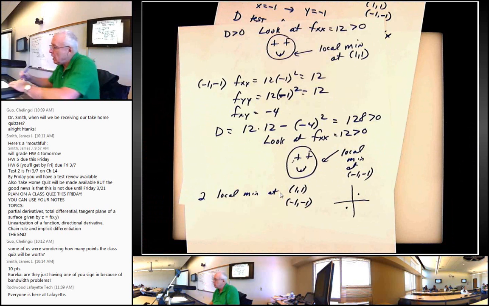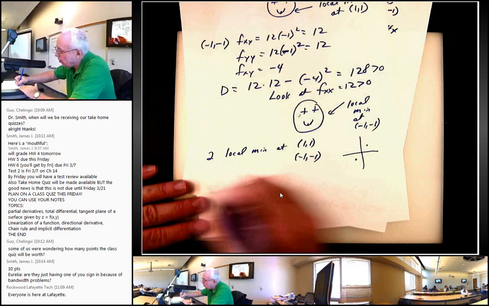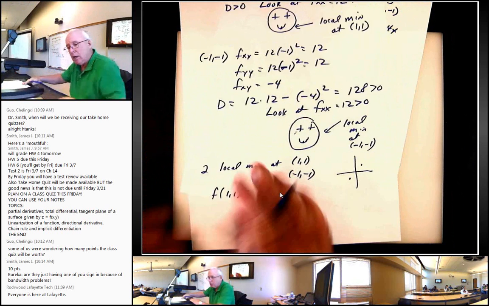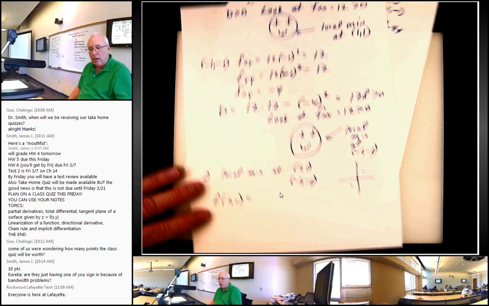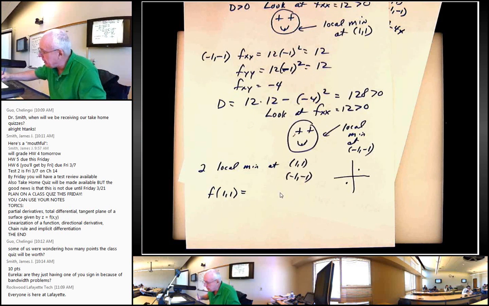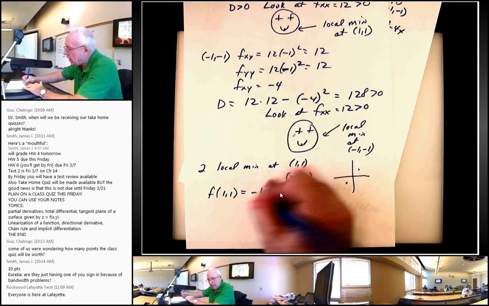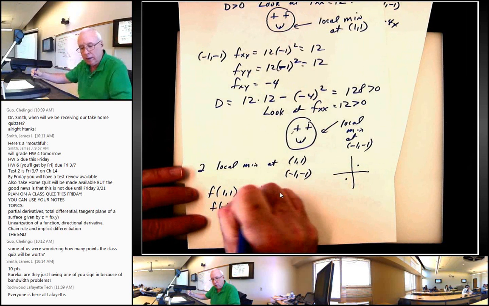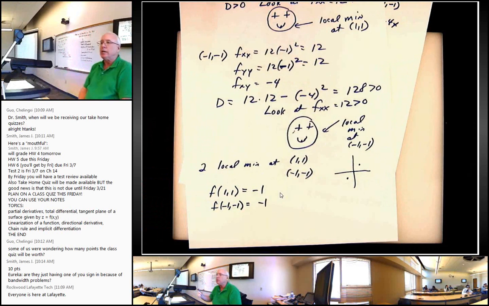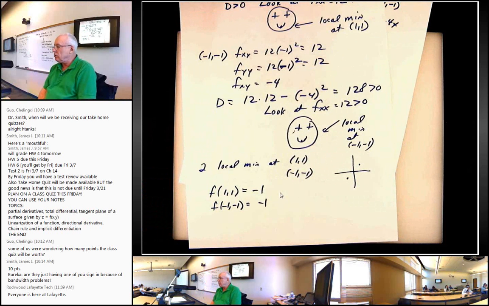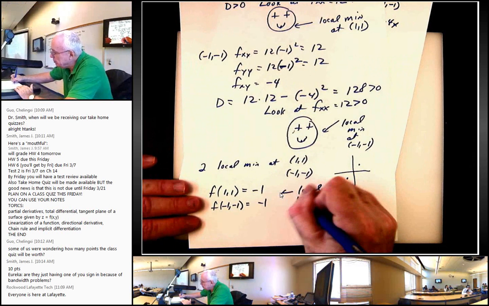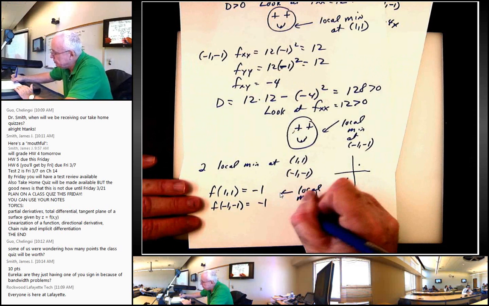But anyway, the values are the function values back to the original function. If I plug in 1, 1, I get negative 1. And I also get the same thing if I plug in minus 1, minus 1. I also get a negative 1 for my function value. So these are my local minimum values.